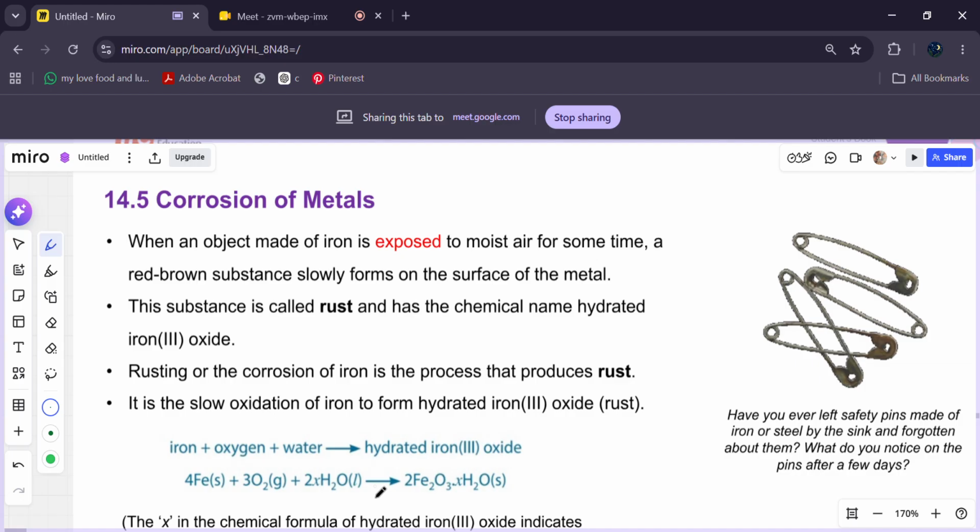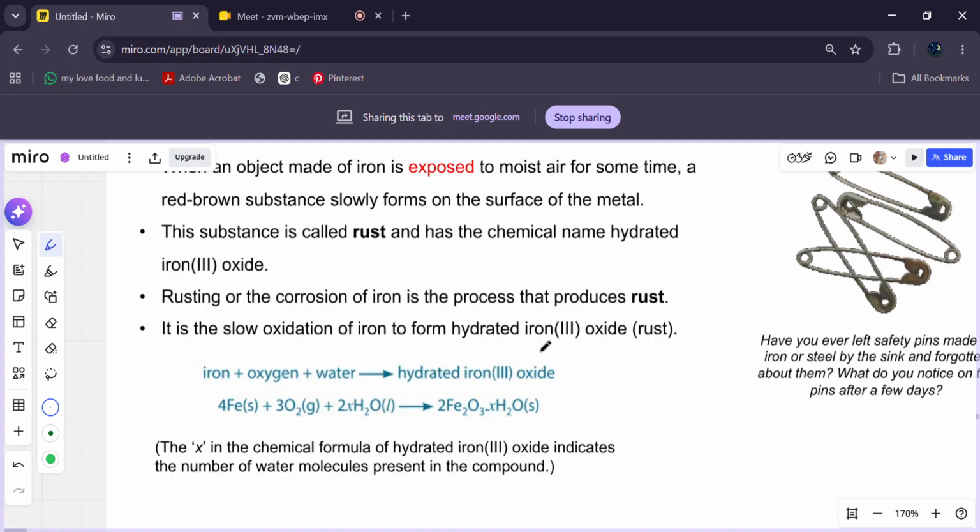It is a slow oxidation of iron to form hydrated iron(III) oxide, which is known as rust. The equation of rusting is iron plus oxygen plus water gives hydrated iron(III) oxide. The x in the chemical formula of hydrated iron(III) oxide indicates the number of water molecules present in the compound.